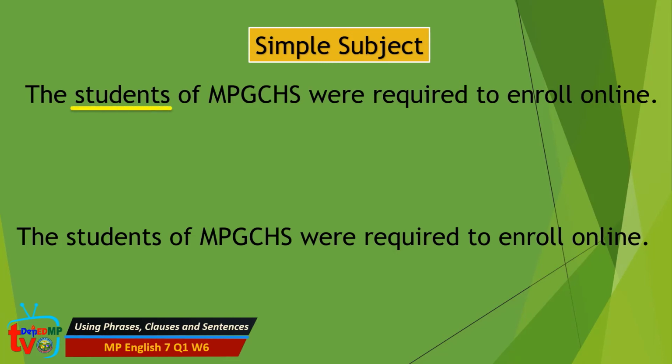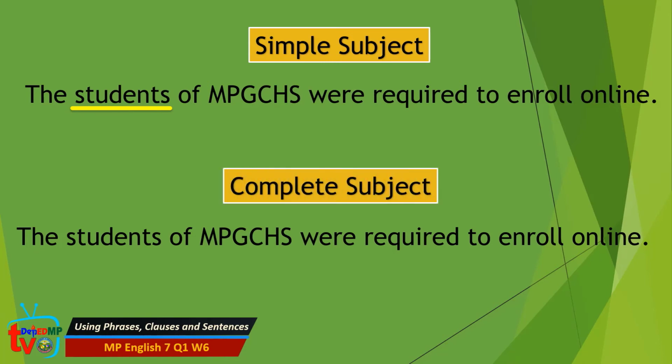So, our simple subject is "students." What about the complete subject? A complete subject includes all the words in the subject of a sentence. So our complete subject now is "the students of MPGCHS."